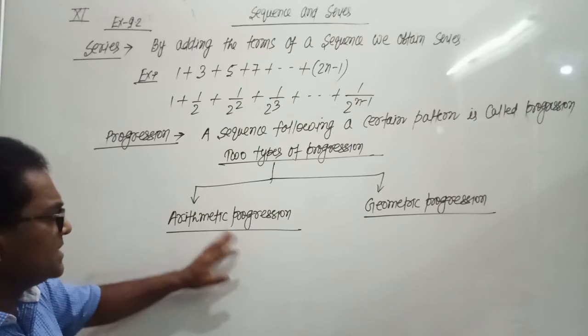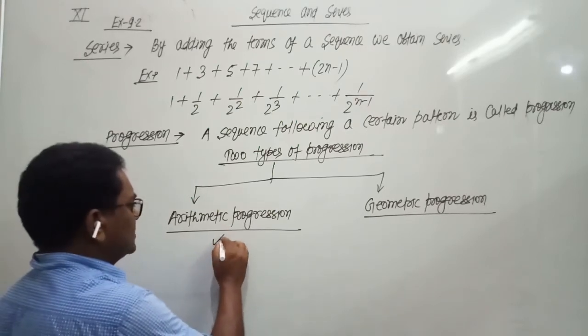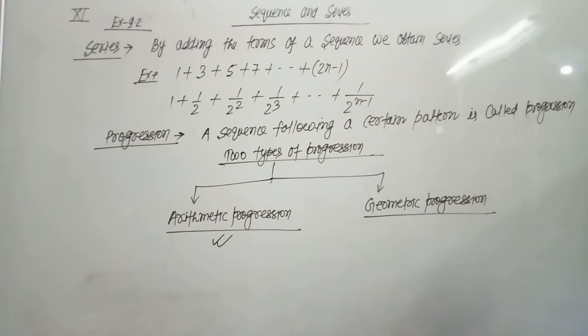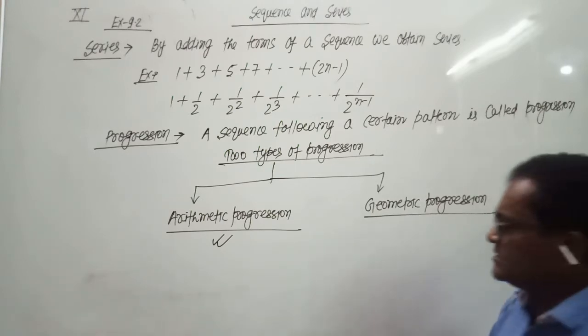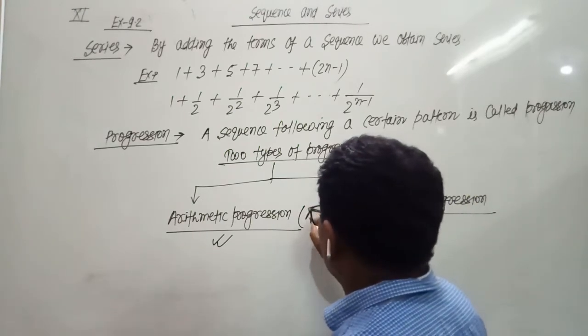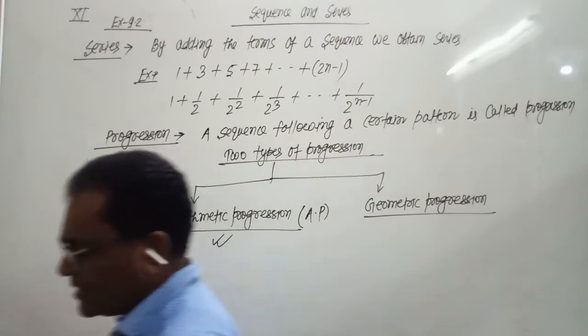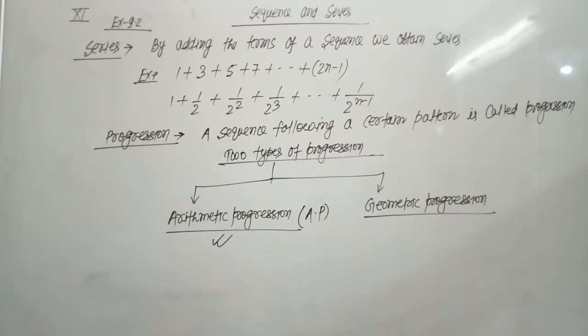In exercise 9.2, we have to study about arithmetic progression. Arithmetic progression is simply in short form represented by AP. So we discuss about the formulas of AP.